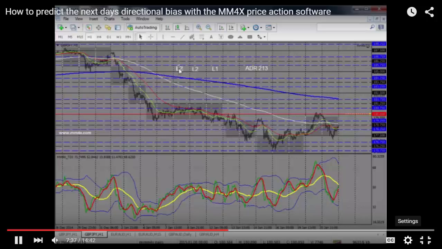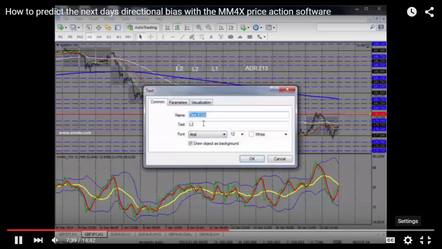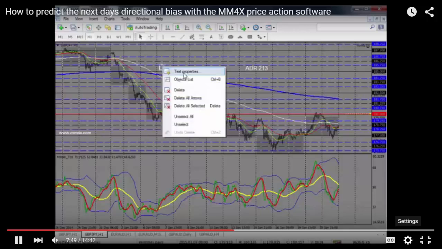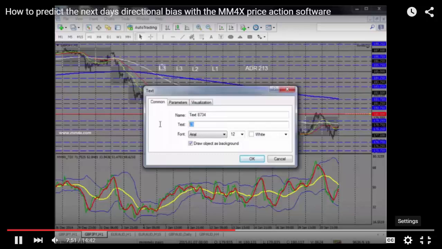And I'll change that one, and I'll make that one level 3. And then I'll change that, and I'll change that to peak.